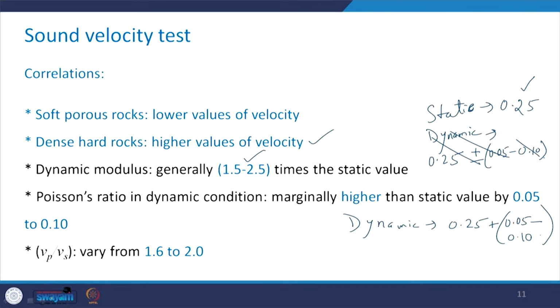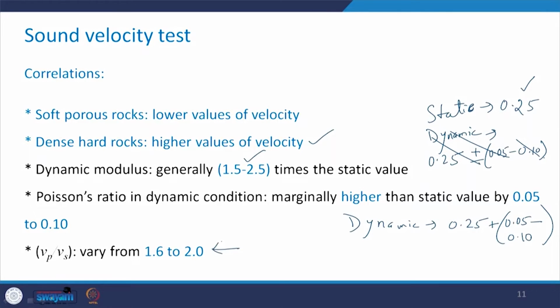So, this is how the Poisson's ratio in dynamic condition can be estimated. The ratio of the velocities of P and S waves, these vary between 1.6 to 2.0.